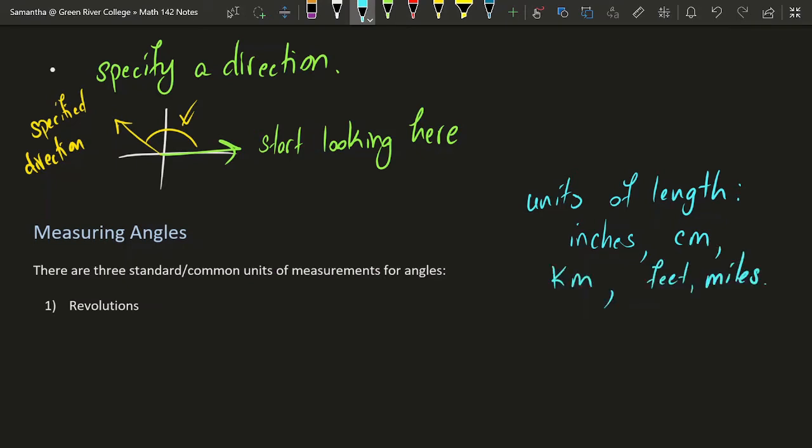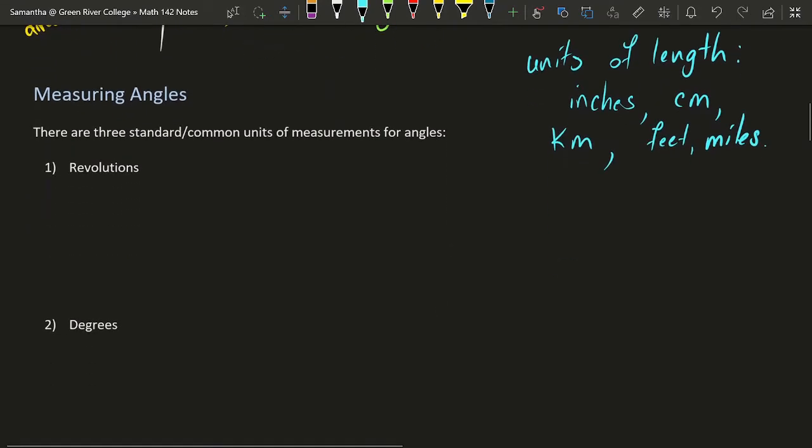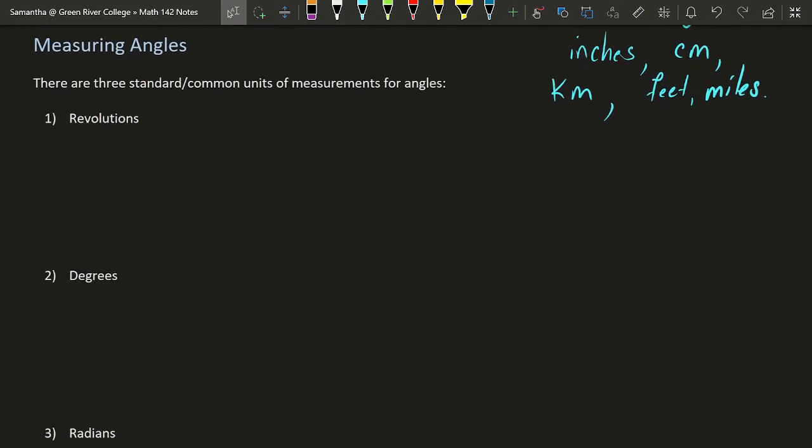Like with length, there are lots of different units that are used to measure angles, which are appropriate in different situations. The first way to measure angles is as a fraction or as a multiple of a full rotation. So I could say something like 1/4 of a rotation.